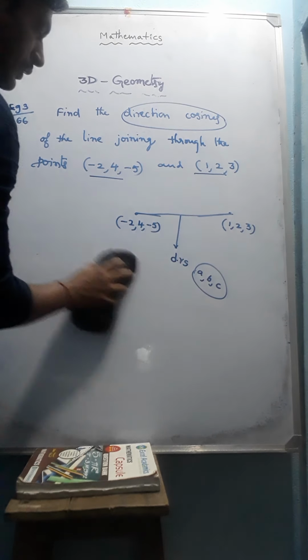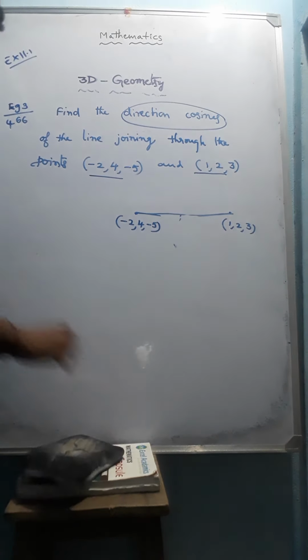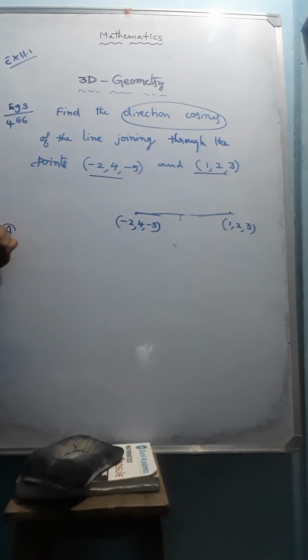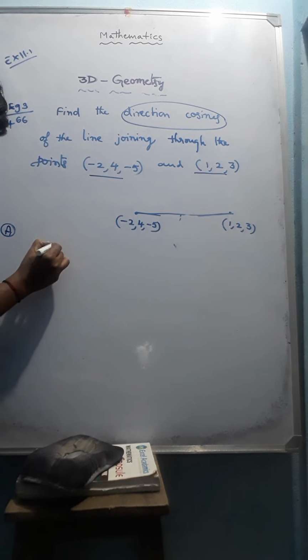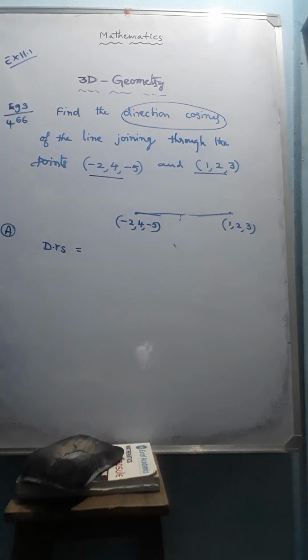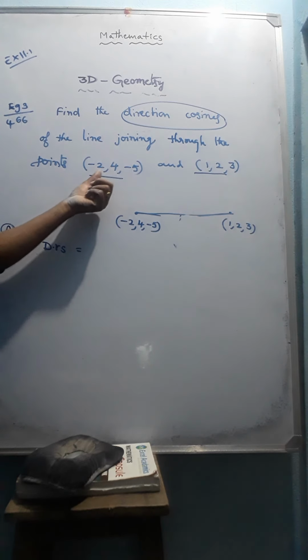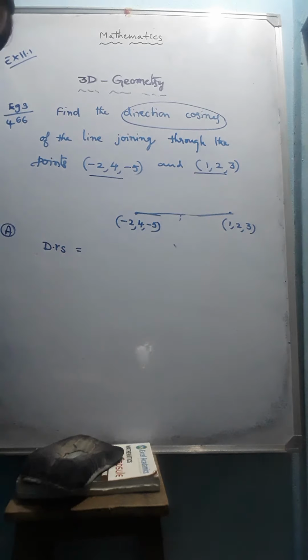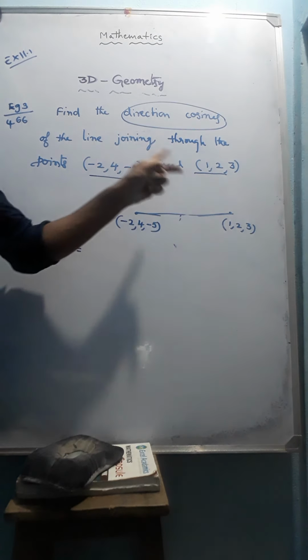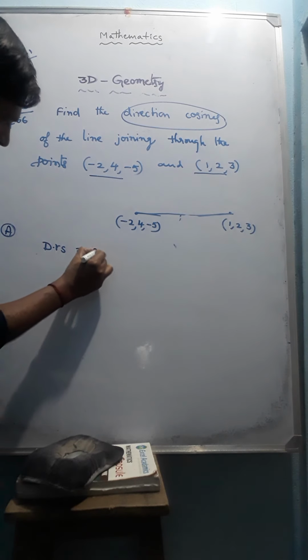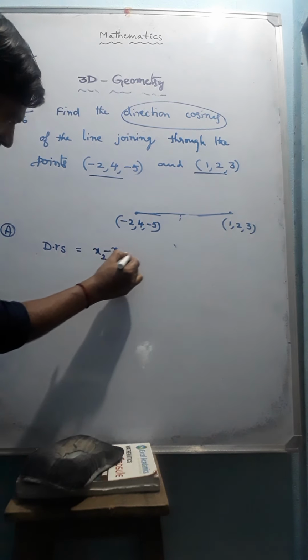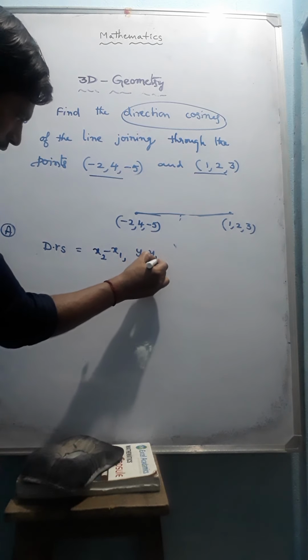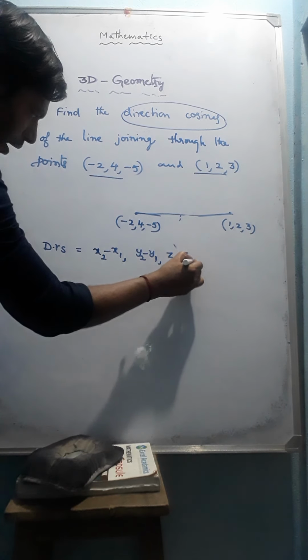So answer. So direction ratios is equal to, if x1, y1, z1 and x2, y2, z2 are 2 points, if we join those 2 points, then that line's direction ratios are x2 minus x1, y2 minus y1, z2 minus z1.